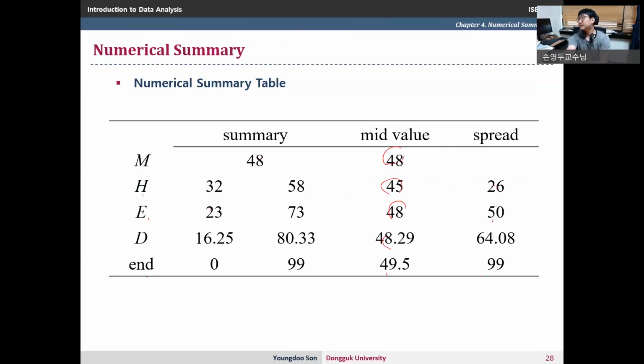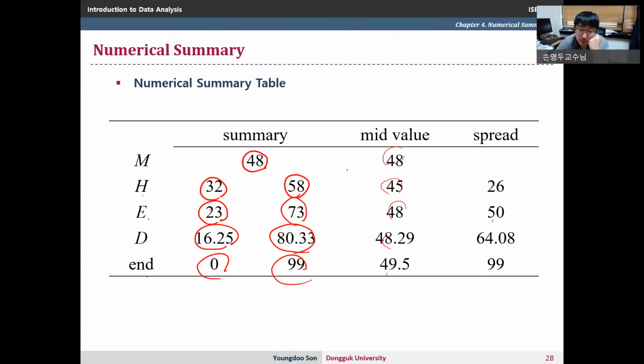To make the numerical summary table, we need to record these 9 values: median, lower hinge and upper hinge, EL and EU, DL and DU, minimum and maximum. If we get these 9 values, then we can calculate the mid values and spread from the summary values.